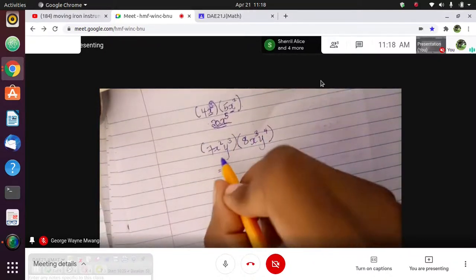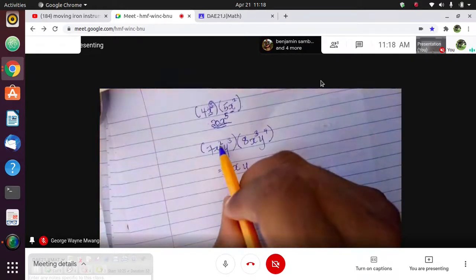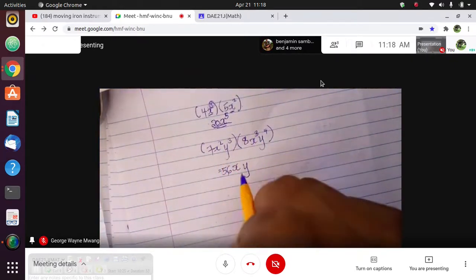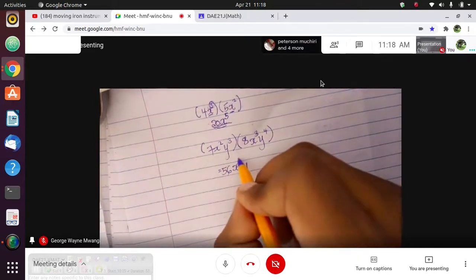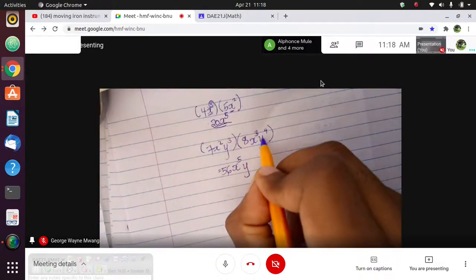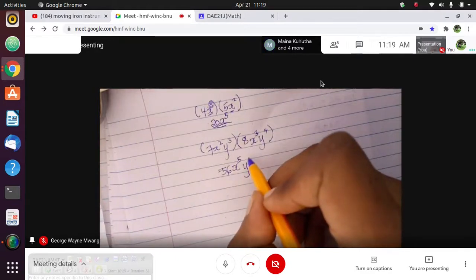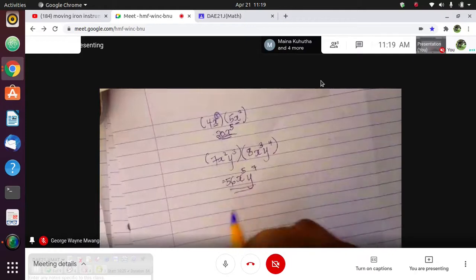Now let us start with the variables. We have variable x and we have variable y. X raised to power 2 times x raised to power 3. Unapata ngapi? X raised to power 5. And now y. Y raised to power 3 multiplied by y raised to power 4. Applying the laws of indices, inakuwa ngapi? Power 7. Are we together?